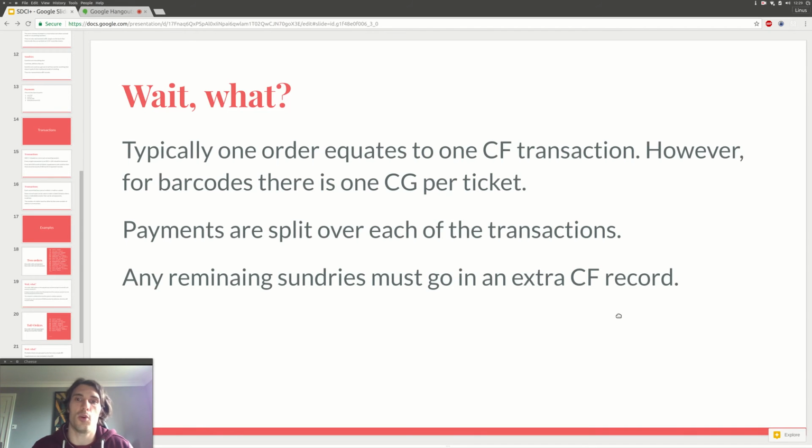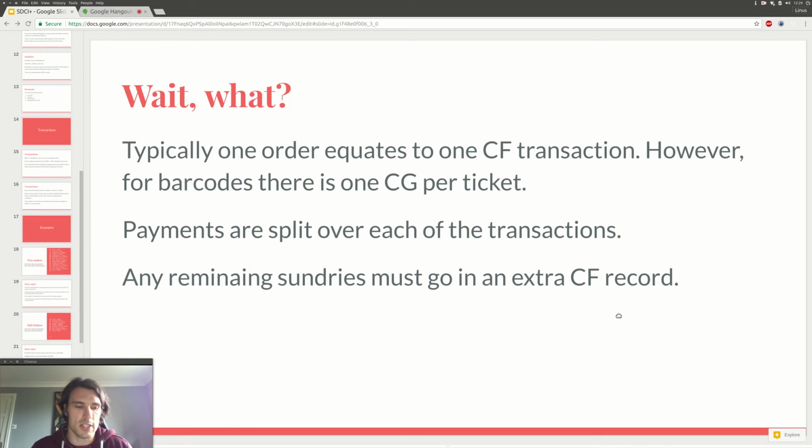That's kind of how the world works. Somebody places an order, it's got a bunch of tickets in it, so we generate a transaction for that. However, for whatever reason, when there are barcodes involved, every ticket has its own CG transaction.